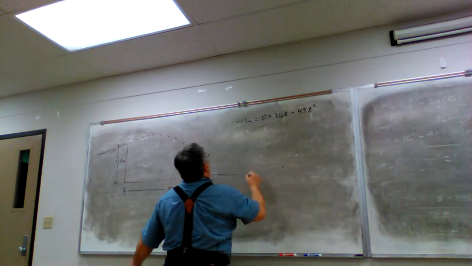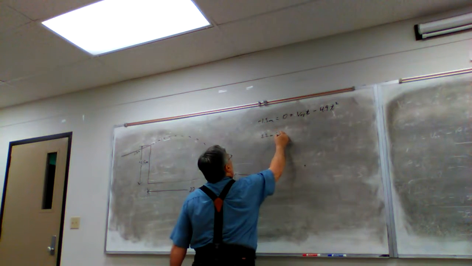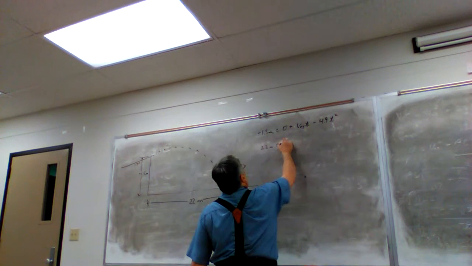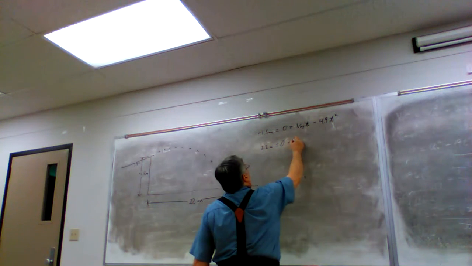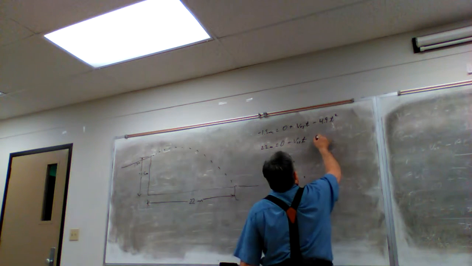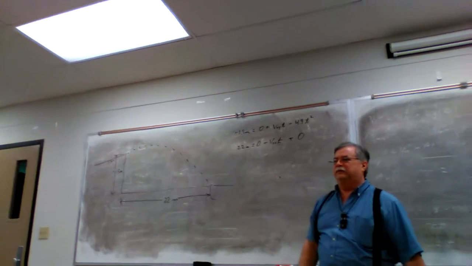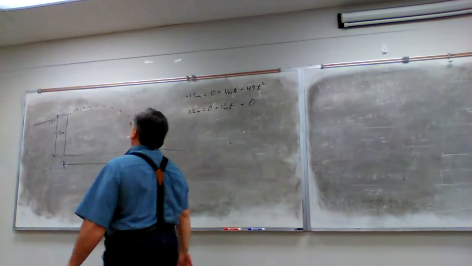And the second one is 22 meters is equal to 0 plus v sub naught x times t plus 0, because the horizontal acceleration is 0 the instant he leaves the ramp.